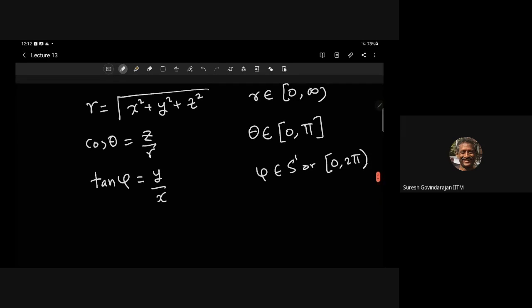This is a circle variable, this is a segment kind of variable, as I explained earlier.